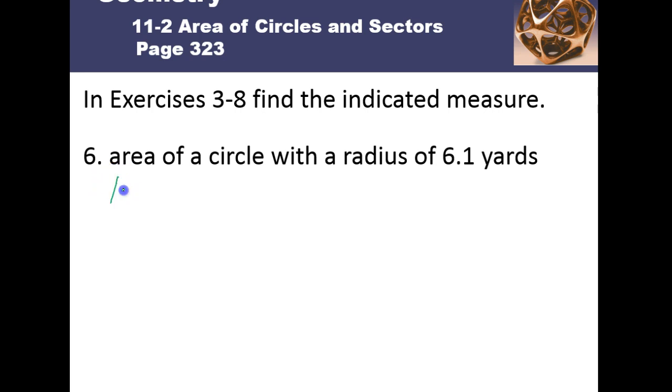Okay, but remember area is pi r squared. And my area is what I'm trying to find, and I know that my radius is 6.1. So I'm going to get A equals pi and then 6.1 squared. So on my calculator, I'm going to do 6.1 squared, and that's 37.21.